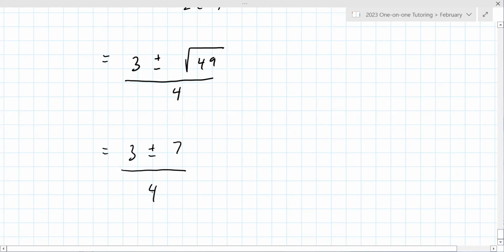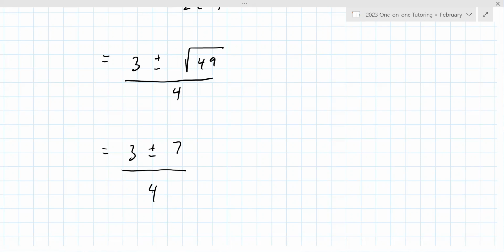And then you do case 1, case 2. Give me the final answers here. You add 3 plus 7, and then you divide it by 4, right?